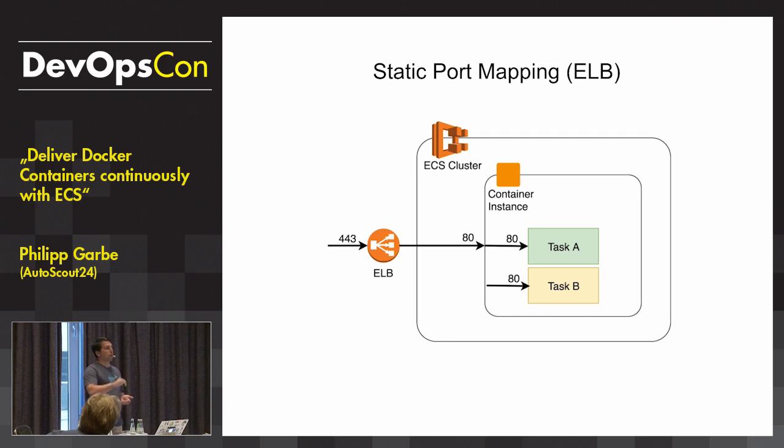But the host port is then blocked. You cannot start a second instance of your container on the same host. So if you want to scale your containers, you also have to scale the whole cluster, which does not make sense.